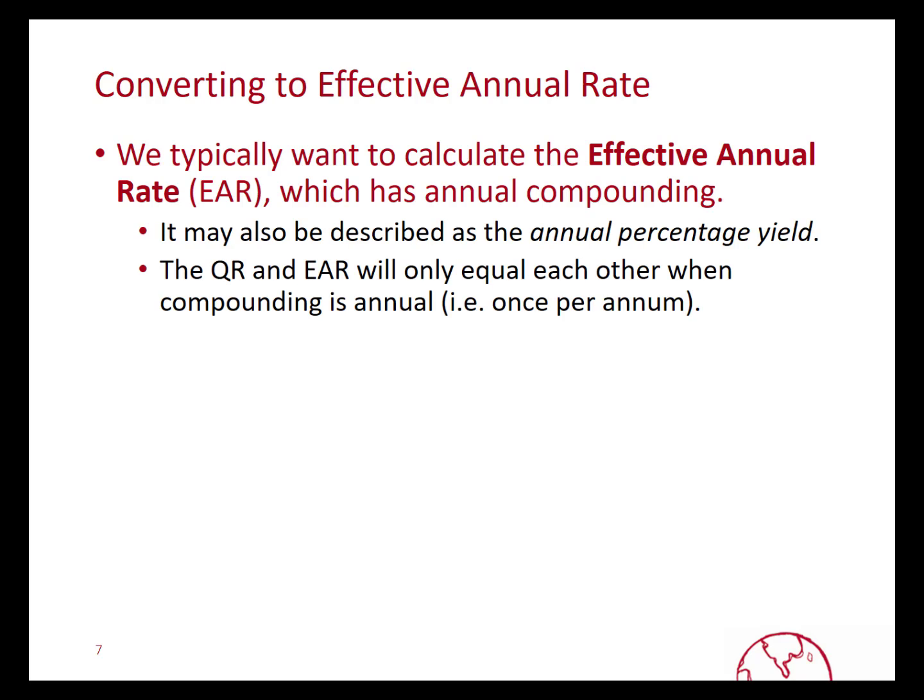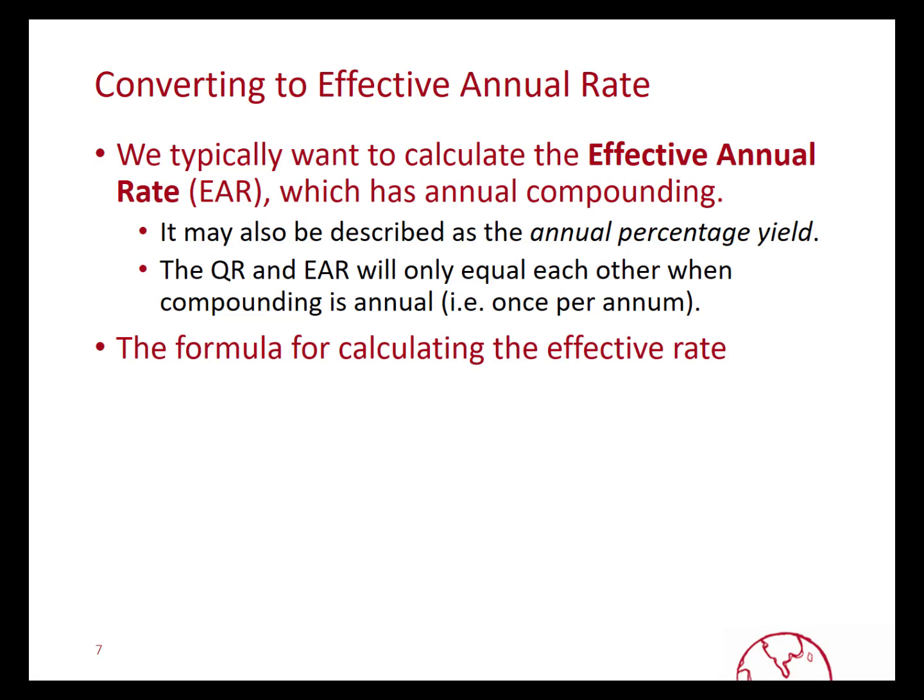Sometimes this rate is called the annual percentage yield. Now the quoted rate and the effective annual rate will only equal each other when the quoted rate has one compounding period per year. So if they both have annual compounding, the quoted rate and the effective annual rate are the same. The problem comes in when quoted rates have more frequent compounding.